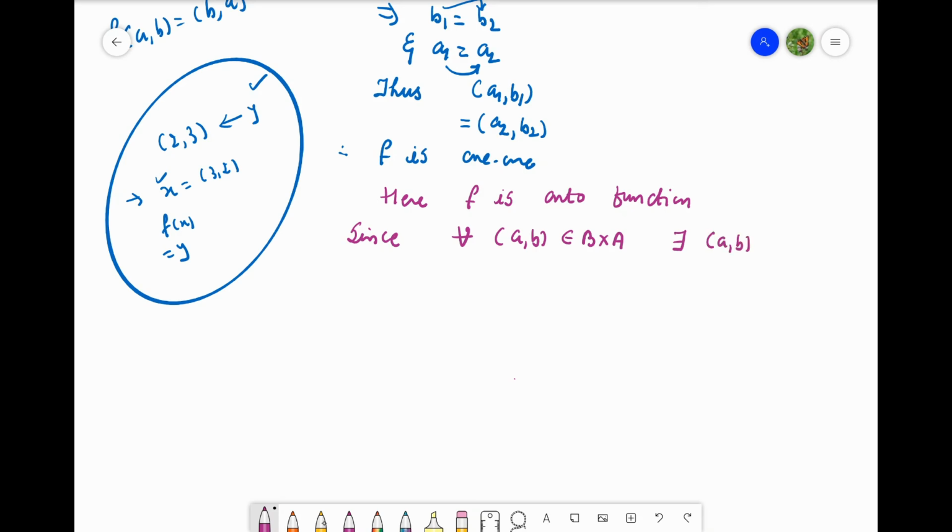From the definition you can get an idea that you reverse the order, because by definition f of (a, b) equal to (b, a). So for (b, a) you reverse the order (a, b) and find the image. It will be your y.